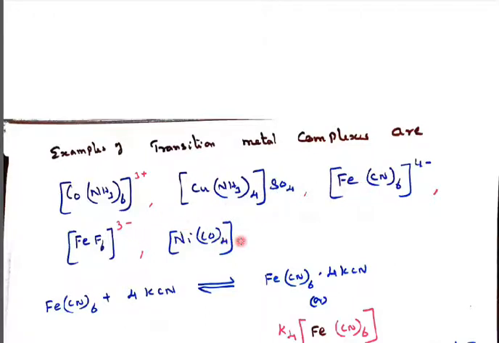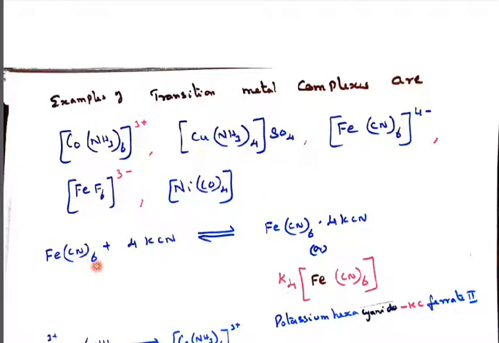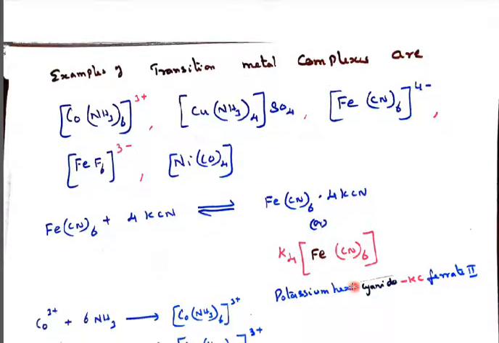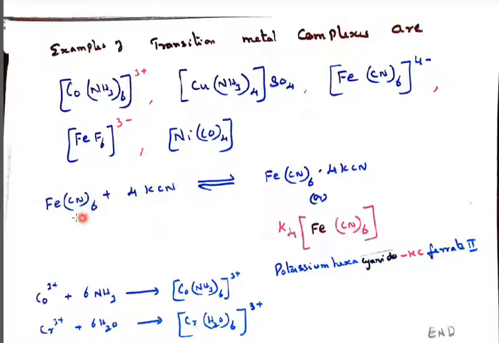For example, ferrous cyanide, Fe(CN)2, reacts with 4 KCN, and Fe(CN)2 . 4KCN gives K4[Fe(CN)6]. So ferrous cyanide reacted with 4 molecules of potassium cyanide, and we can write it as Fe(CN)2 . 4KCN, or in complex formation with potassium outside and the central metal ion inside connected with 6 ligands.